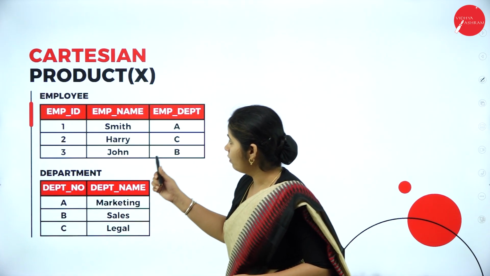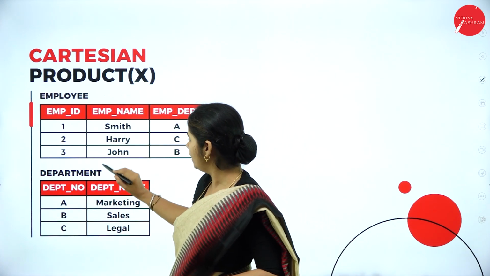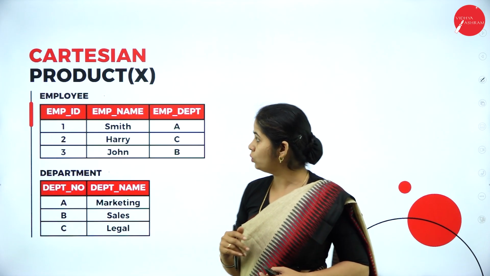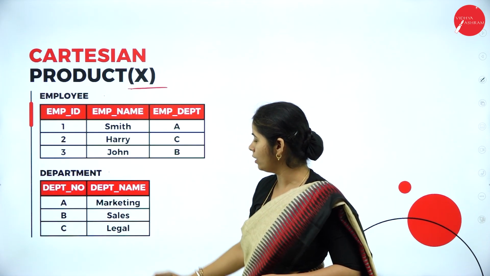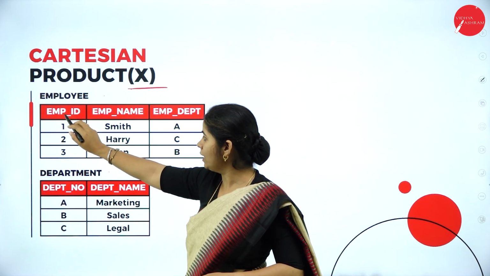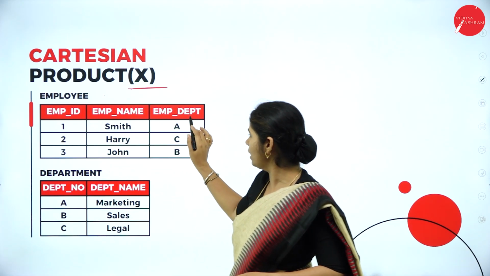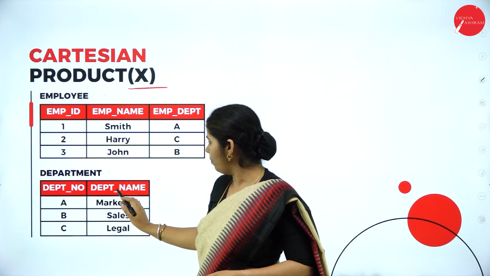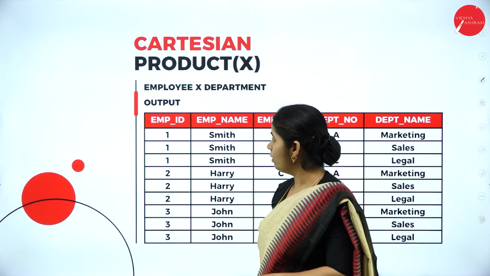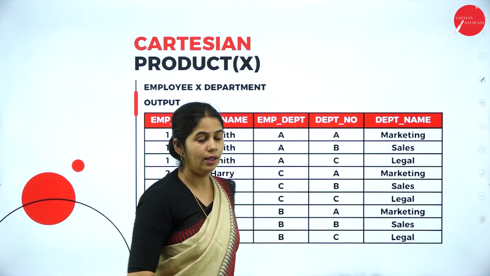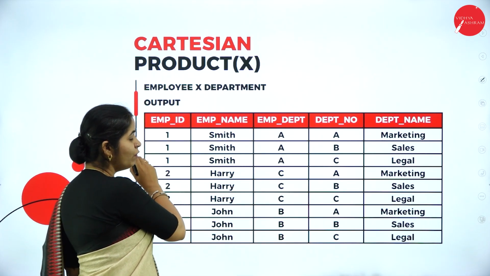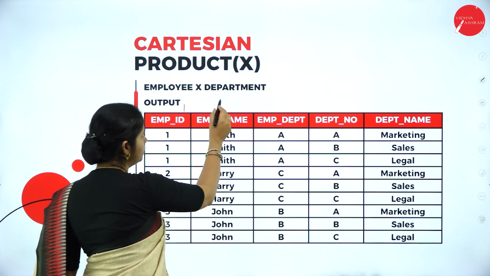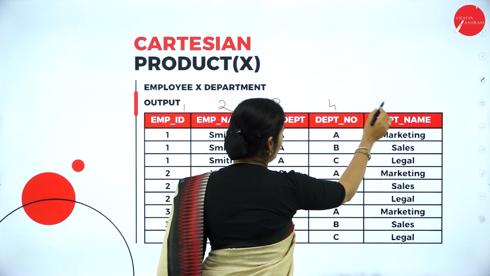Example: we have employee and department, two tables. Combining these two tables using the Cartesian product, we have the attributes in employee: employee ID, name, and employee department; and in department: department number and department name. When we apply the Cartesian product, the resultant relation will have all the attributes, that is 1, 2, 3, 4 and 5.